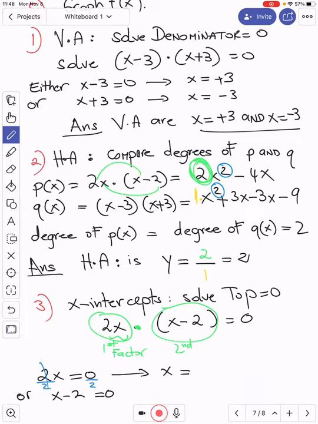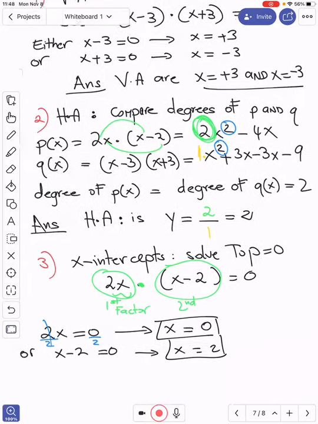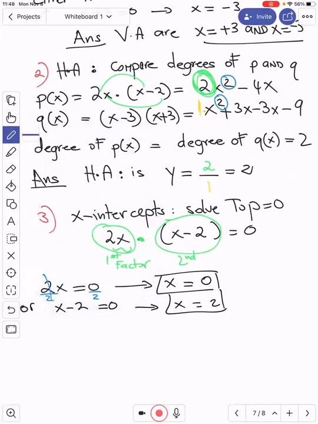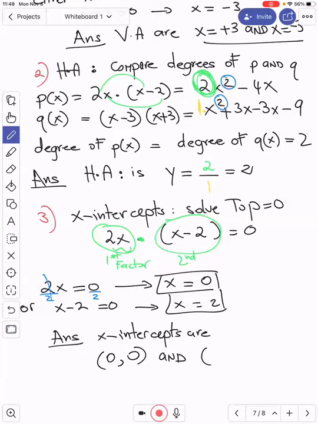So 0 over 2 is just 0. Keep in mind, guys, 0 over any non-zero number is 0. And then x minus 2 equal to 0 gives x equal to positive 2. So we have two x-intercepts: 0, 0, which is the origin, and 2, 0.